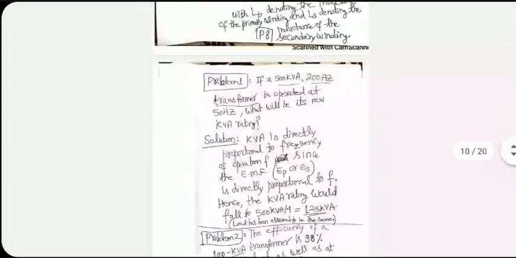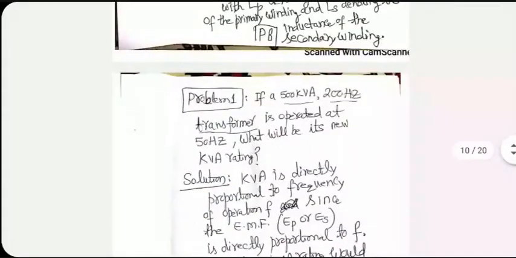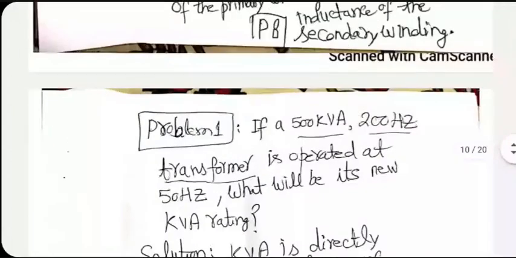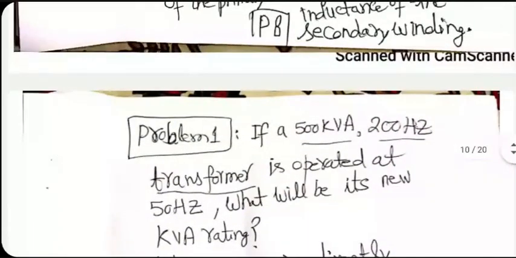Now let's look at some problems. Remember the nameplate of the transformer has this information: kVA, the frequency of operation, as well as primary and secondary voltages.